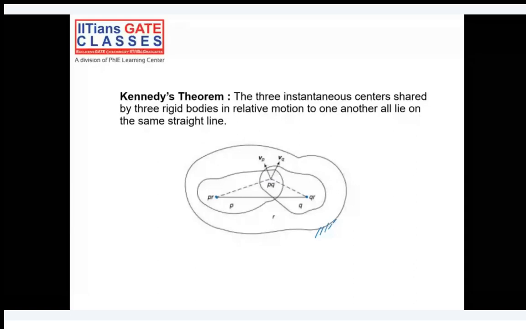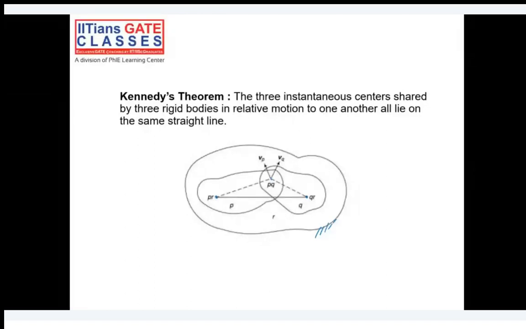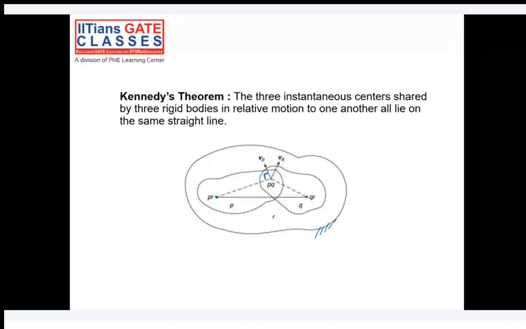Now what does Kennedy's theorem say? Try to think: if I assume that this point PQ is on link P for an instant, then this is the velocity of P. At that particular instant, the line joining PR and PQ is the dotted line, and perpendicular to that is VP.